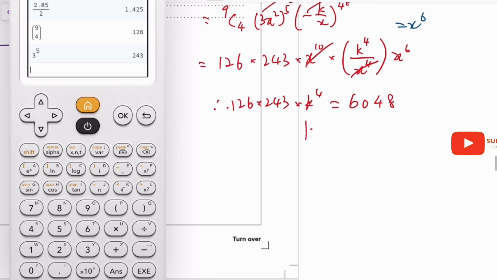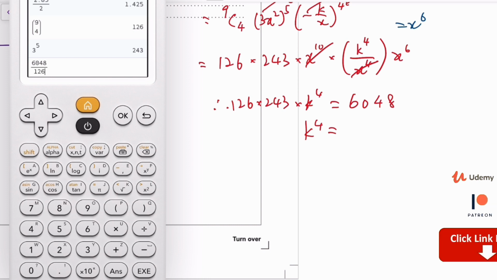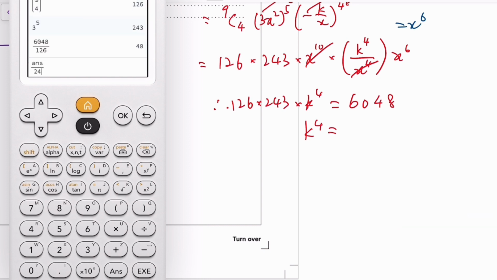So it should be obvious, you divide, and then take the fourth root. Well, the fourth root is the same as the power 1 over 4. So the answer is 2 over 3.